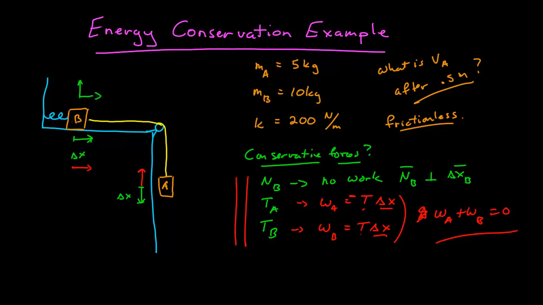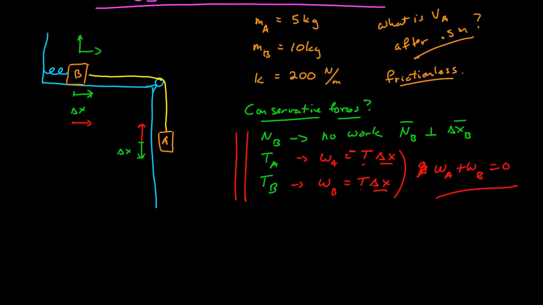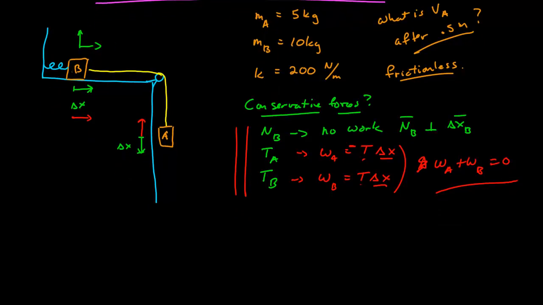Okay, great. So now let's look at our coordinate systems and establish our forces and the potential energies. All right. So for B, let's get a coordinate system here. I'm going to call the 0 of my coordinate system the equilibrium position, with positive x off to the right.